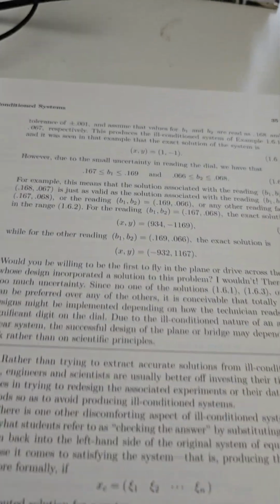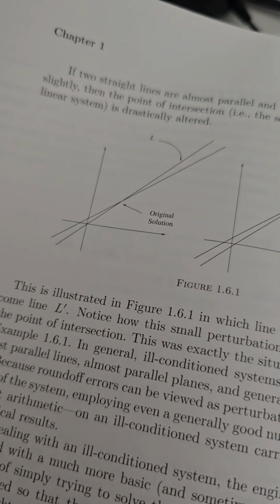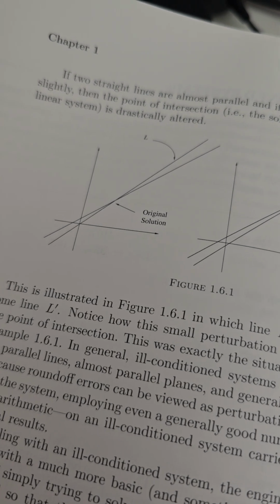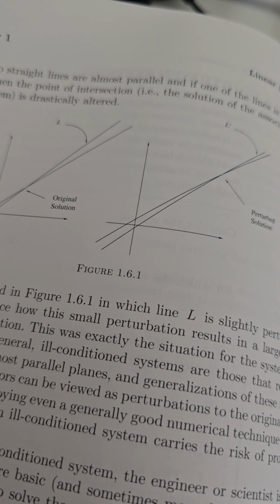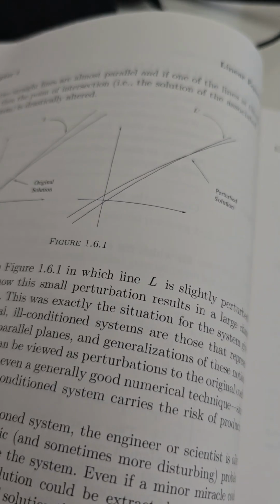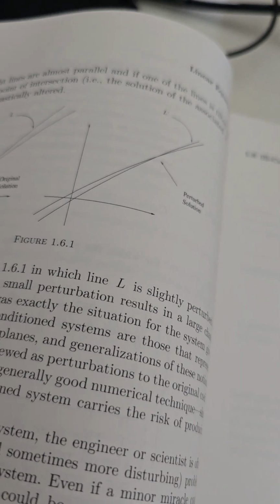He discusses this very nicely. And here you see the geometrical side of this, where you have the original solution, and then you perturb the lines, and you get a solution that is in a very different place. And he discusses that geometrically, in depth, really, in the very first chapter.